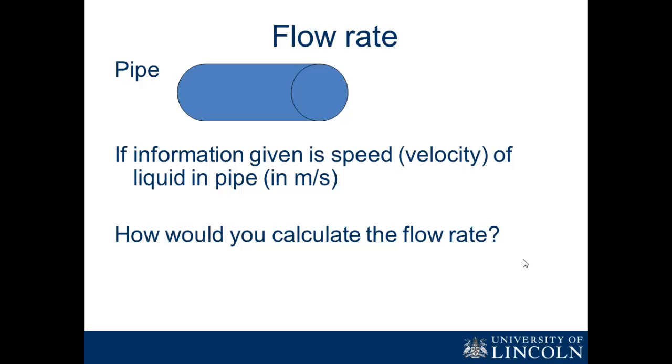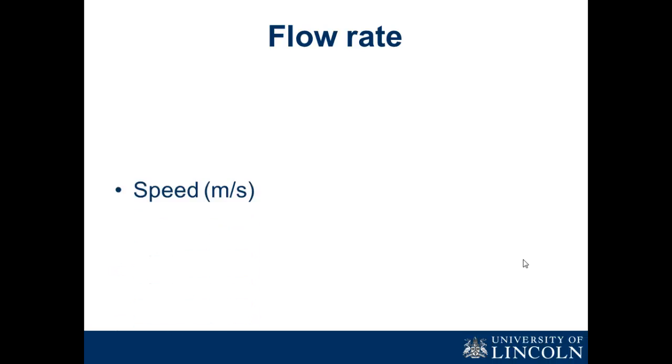Now, another thing I think I should let you know is the flow rate. Most of the time in the industry, we want to know the flow rate, not the speed of the liquid. But assuming we've been given information on the speed or the velocity, which is measured in meter per second, and we want to find the flow rate.